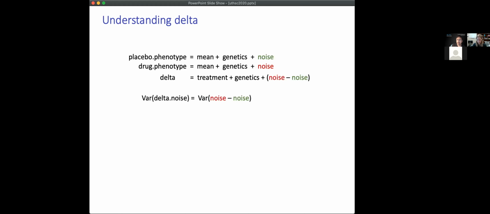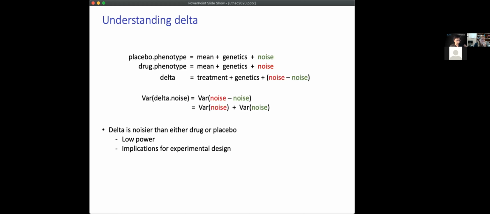Now, if you know about random variables and variance, then you know that noise minus different noise is not less noise, it's more noise. So the noise of the delta is the noise of the placebo plus the noise of the drug. So what that means is that the delta is much noisier than either the placebo or the drug.